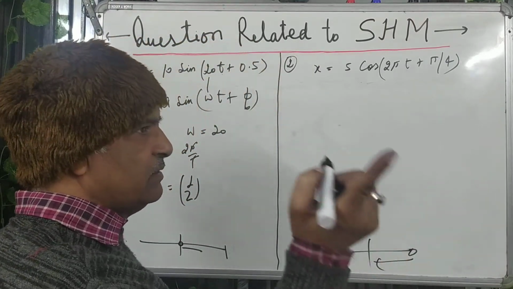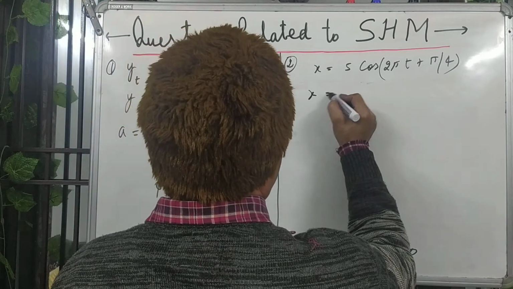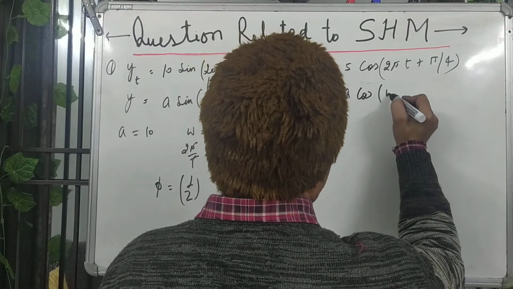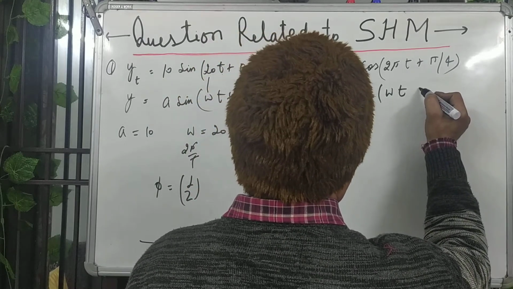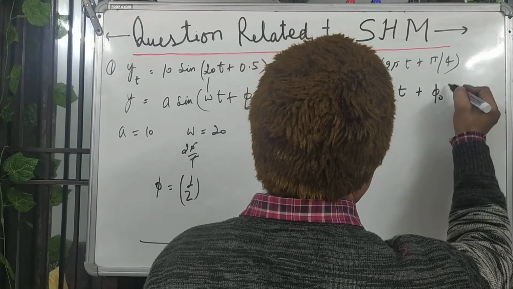This implies the particle starts at t equals 0 from the extreme position. So write the equation x equals a cos(omega t plus phi naught).